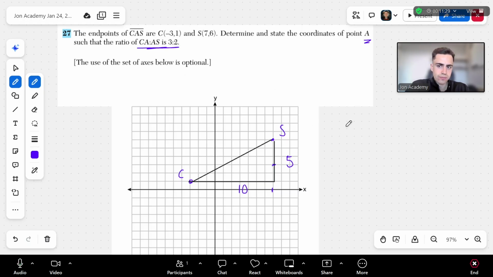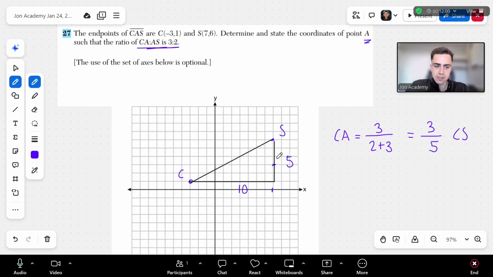That means that CA is, 2/3. No, sorry, 2. CA is the longer one. So it's 3 over 2 plus 3, which is equal to 3/5 of the whole segment CS.